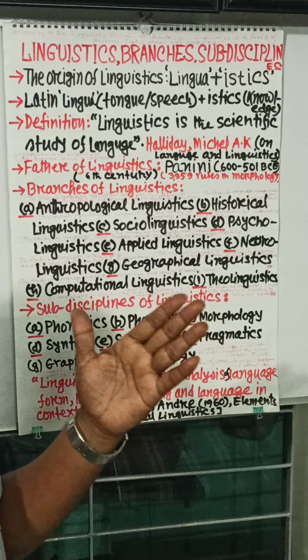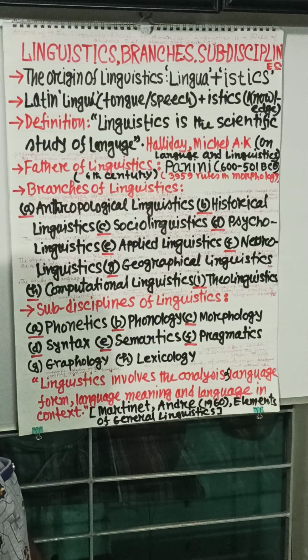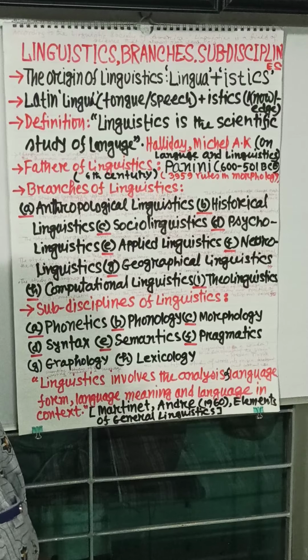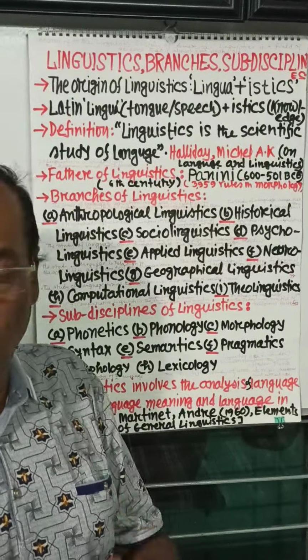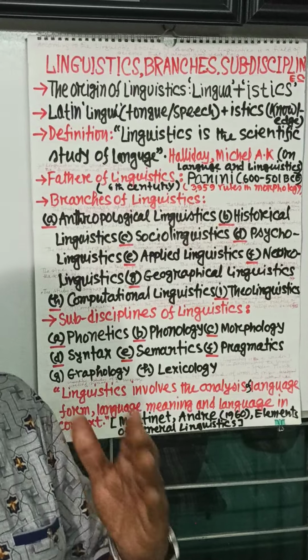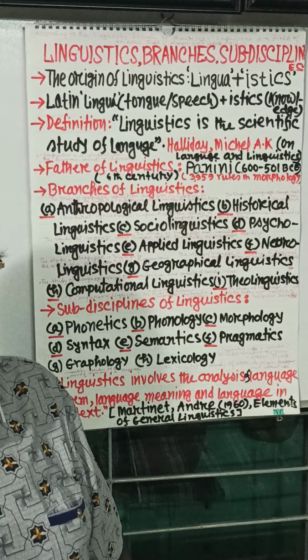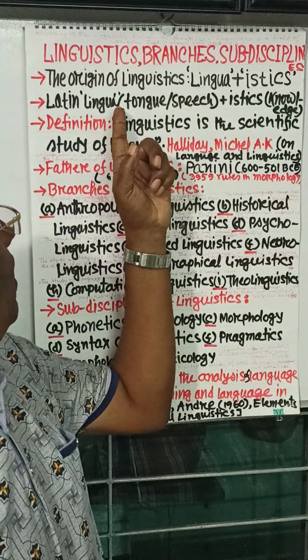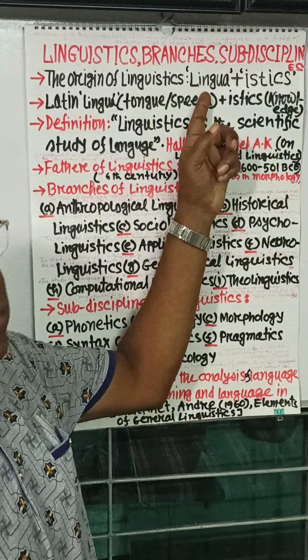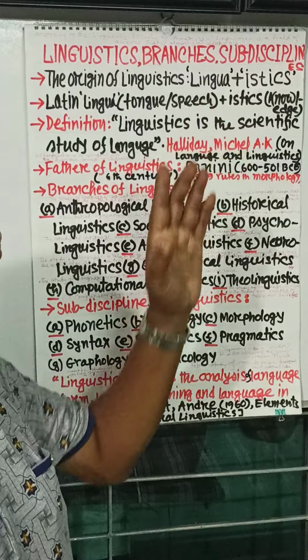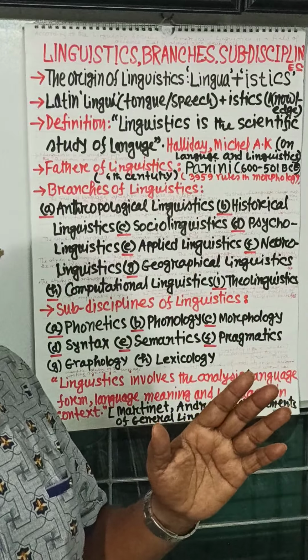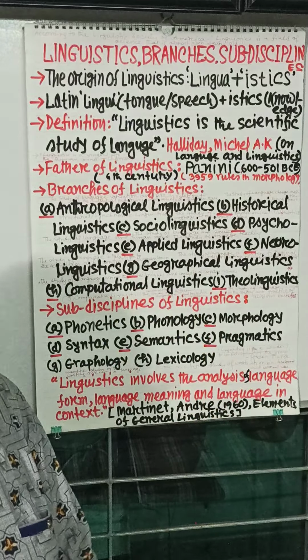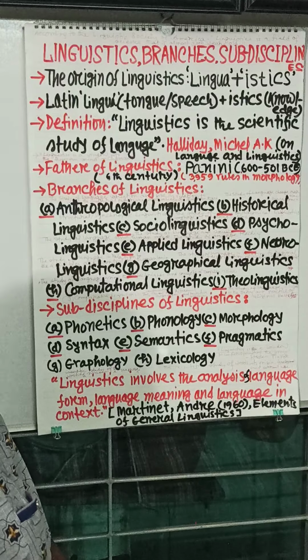And what is the Latin root of linguistics? This word has come from two Latin words. The first is lingua. Lingua means tongue or speech in Latin language.